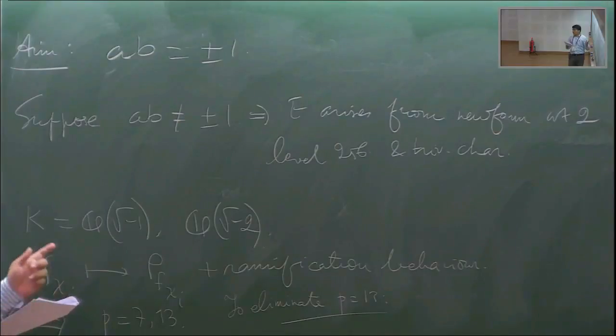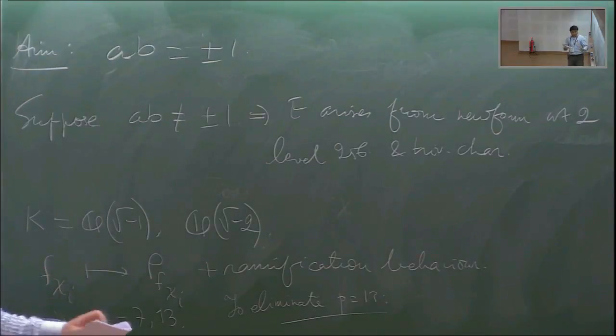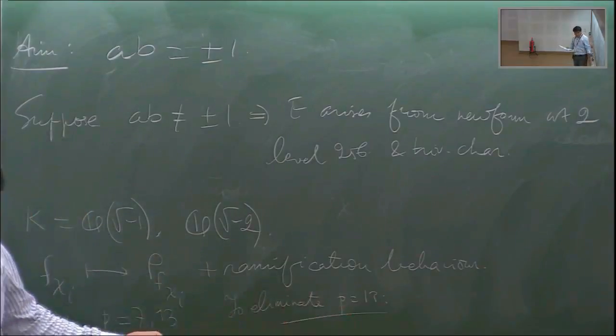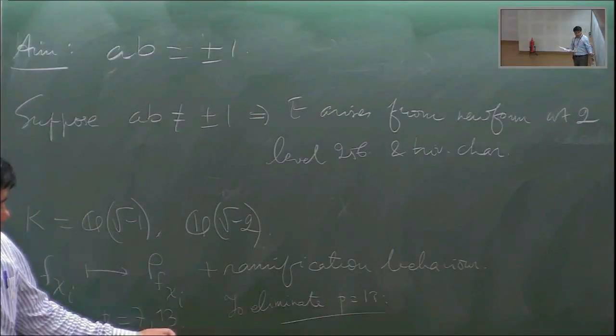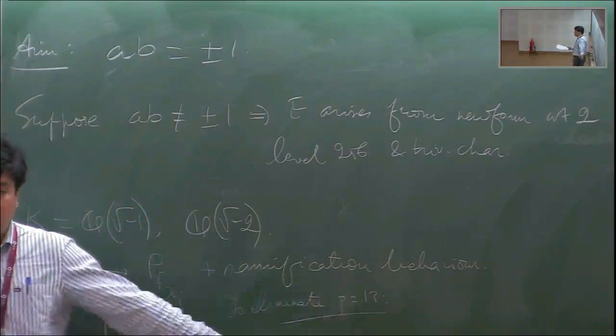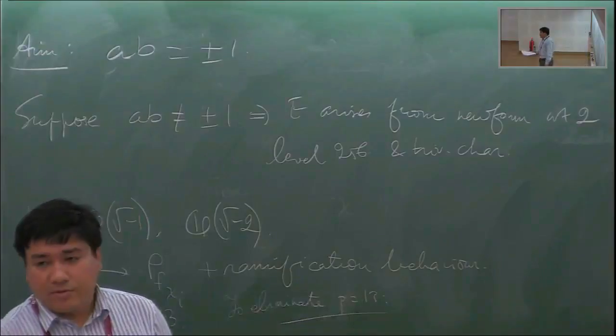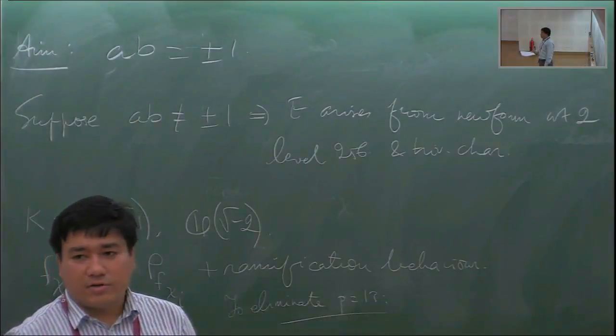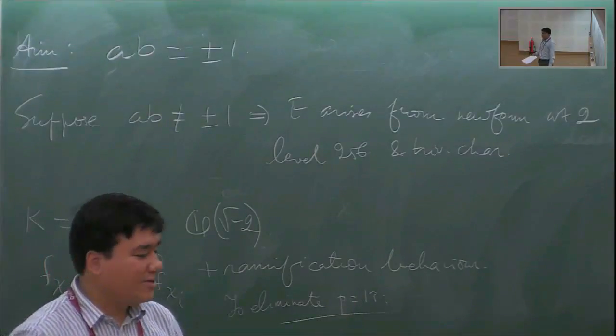One is called 26b, and the other one is called 208d. They all have rank 0, but you will see that in this case p equal to 13 the curves that you have found have a point of infinite order. Okay, so that's the contradiction.